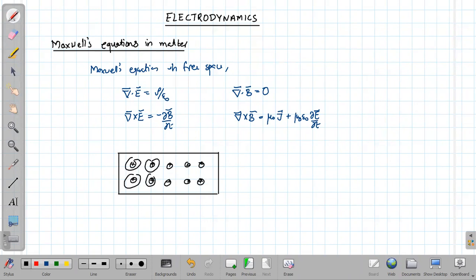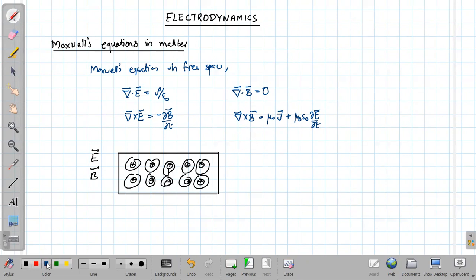Now, if you apply the electric field or magnetic field to the material, what would happen? The application of electric field will produce an induced electric dipole moment, and the application of magnetic field will produce an induced magnetic moment. That will lead to the creation of additional charges and additional currents, and they are called bound charges and bound currents.